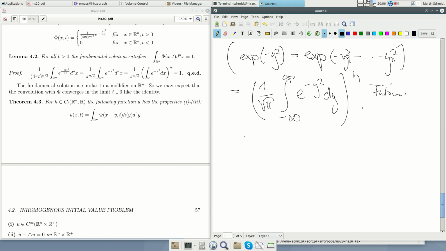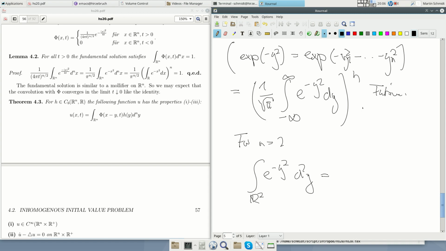Now, for n equals 2, maybe you know this trick, how to calculate this integral. For n equals 2, we can use polar coordinates. The integral of e to the minus y squared over R2, d squared y.